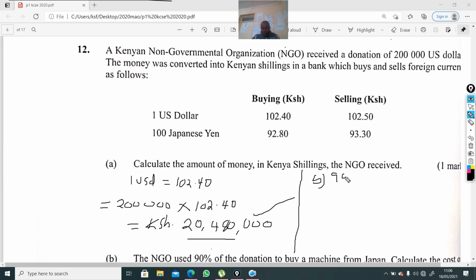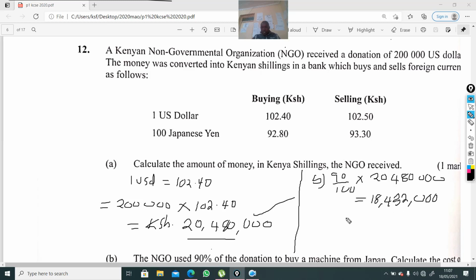So it is 90 out of 100 times 20,480,000. So this gives you 18,432,000. That is the amount, the 90% that they used.